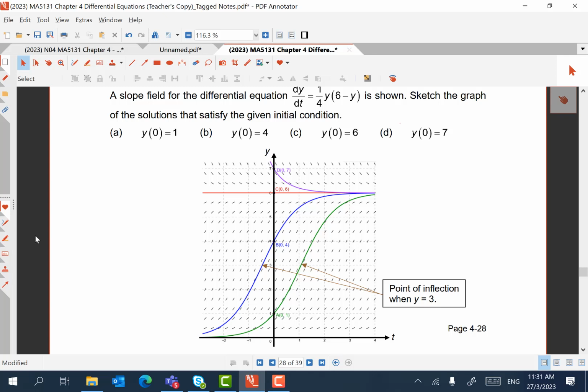Okay, I want you to see that the red line is due to part C. This is a case where the solution is y naught equals L. When y naught is L, your solution is just the entire red line. I also want you to know that the graph is misleading.